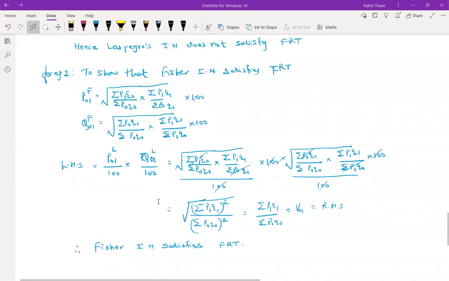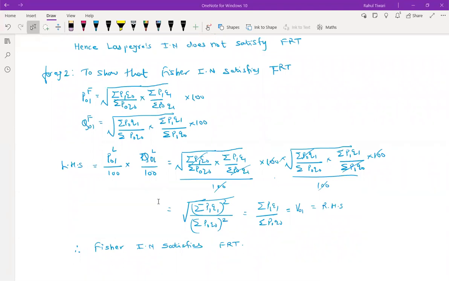No, I can't say. You have Edgeworth also. Just check for Edgeworth and Dorbish whether it satisfies or not. Okay. So you need to be satisfied that property, then only you can conclude. So this is your task.